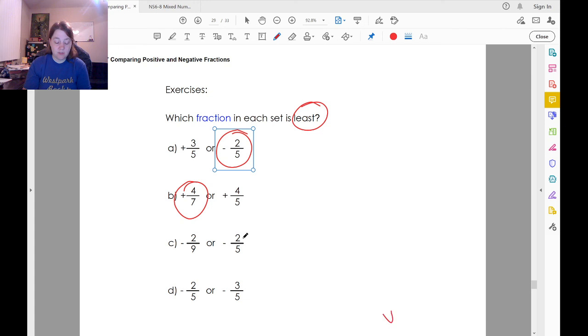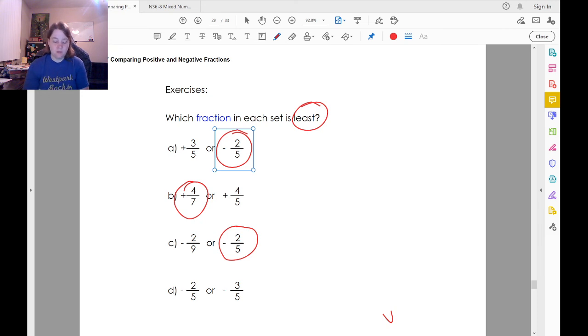I would rather have 2 slices of a 5-slice pizza, which would mean I'd rather give away 2 slices of a 9-slice pizza because they're both negative. Because it's asking for which one is the least, that would be negative 2/5. Kind of got to think like twice on that.